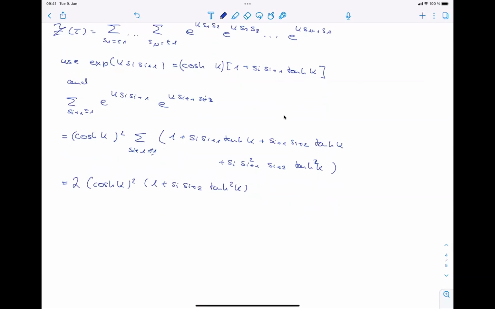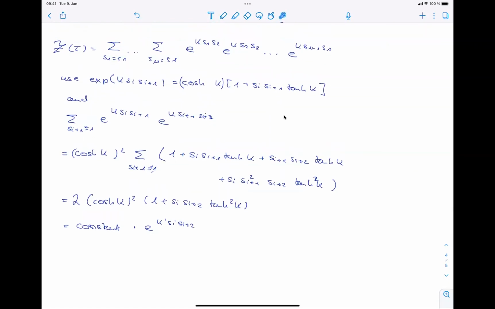Which we can reformulate as this actually being a constant times the sum over the exponent of k prime s_i s_(i+2).